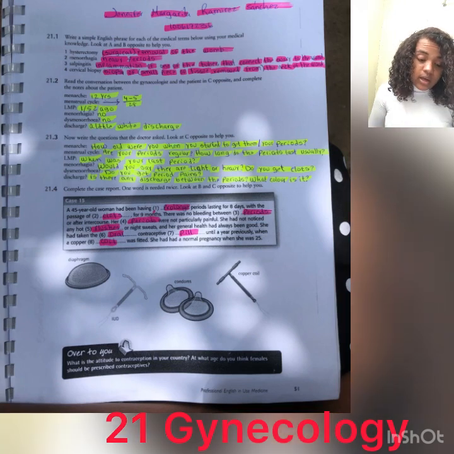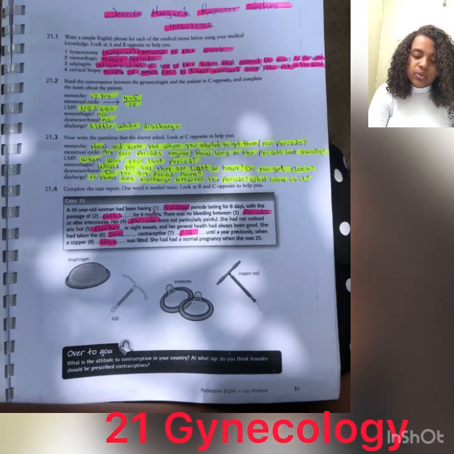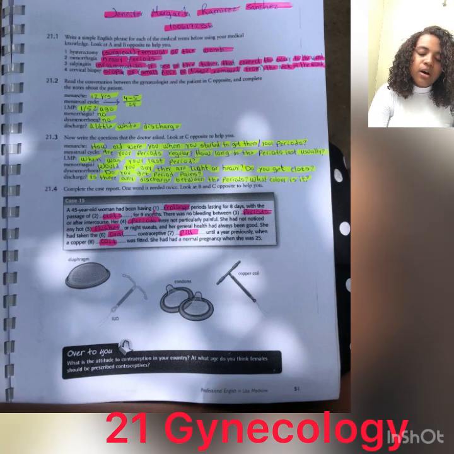21.2. Read the conversation between the gynecologist and the patient and see opposite, and complete the notes about the patient. Menarche, 12 years. Menstrual cycle, 4 to 5 days on, 28.